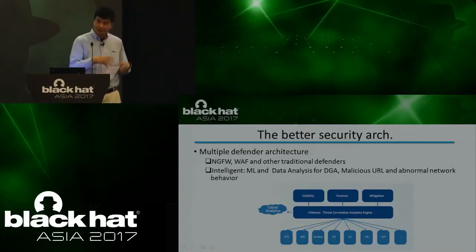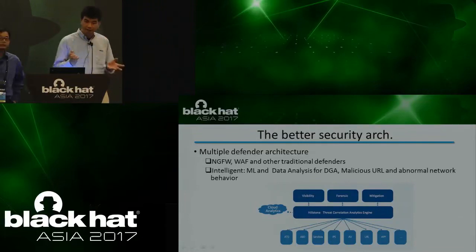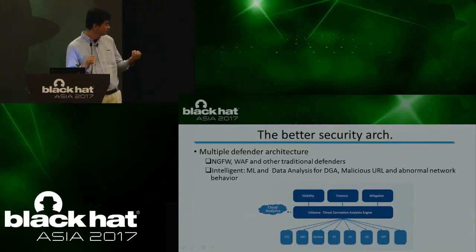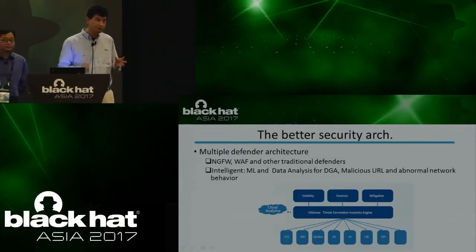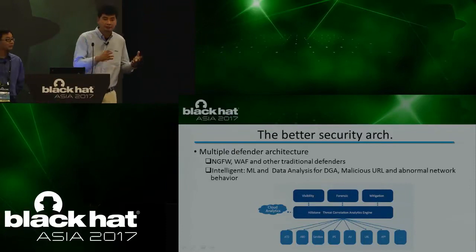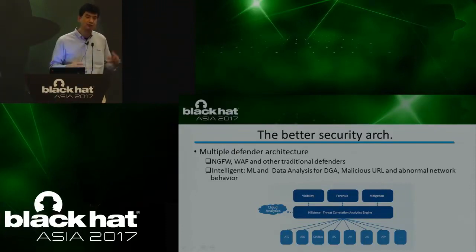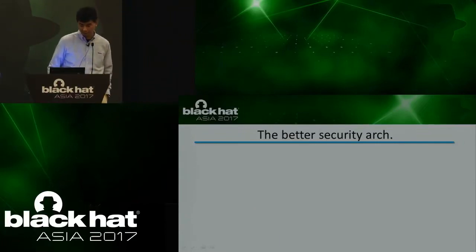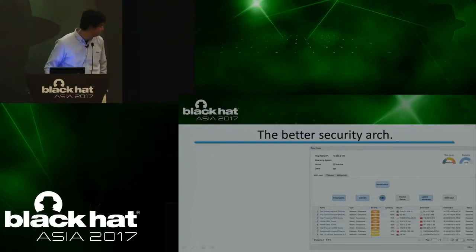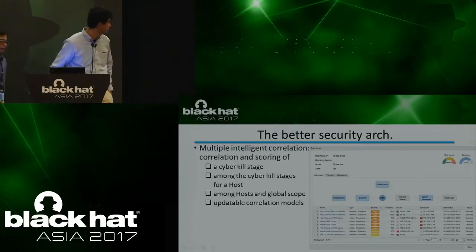In the middle is the whole correlation engine. It gets all the input and produces output. One output gives full forensic visibility and also mitigation. That's just one system, but in the global whole system you can do this kind of thing in the cloud, where you need an architecture change or get a better architecture. This is just one sample, so I won't say too much.